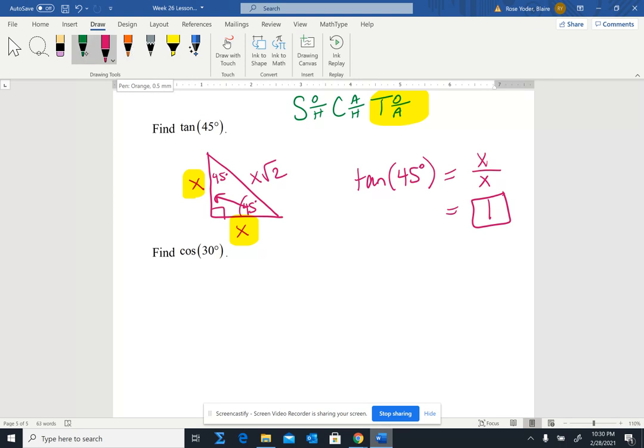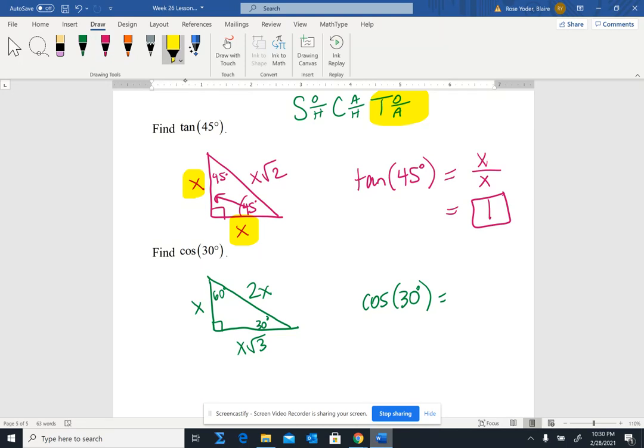All right, final problem: what about a 30? Now we're talking 30, 60, 90. We learned the short leg's x, the long leg is x root 3, and then you double the short leg to get the hypotenuse. So what is cosine 30? Well, cosine is A over H. Let's take a look at the 30.